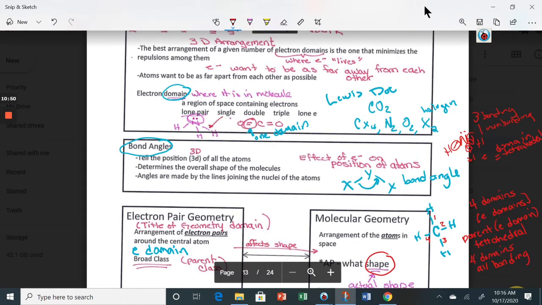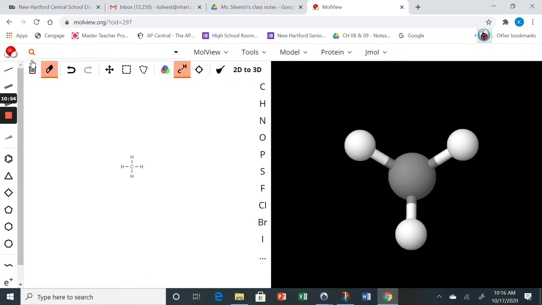Okay, so its shape, and I'm going to see if I can put this together for you, because, again, I have brain farts. I'm going to put nitrogen, and I know this looks weird that I'm just putting 3 nitrogens, but I'm going to change those nitrogens to hydrogen by just going to H. And then I need a single bond.